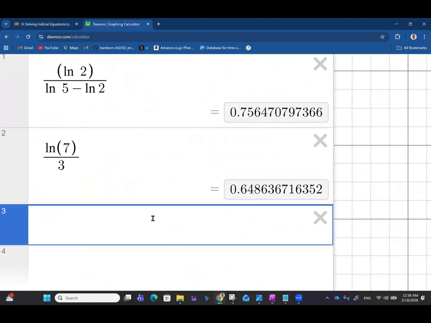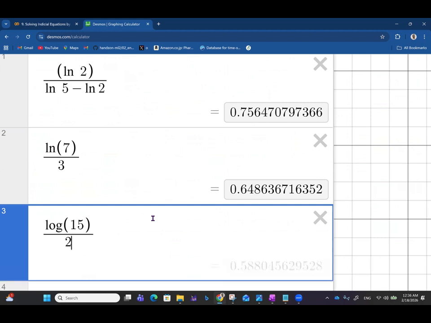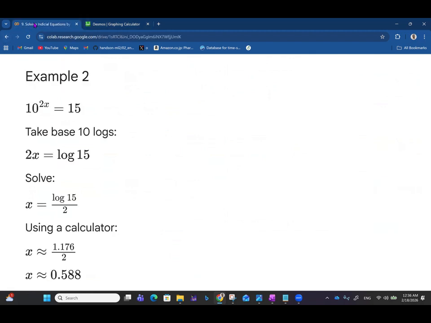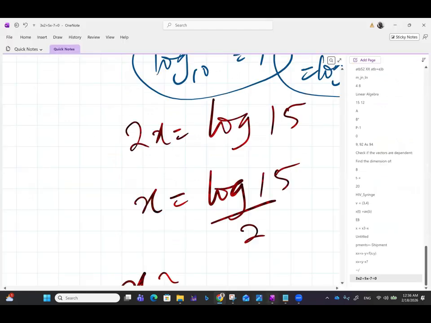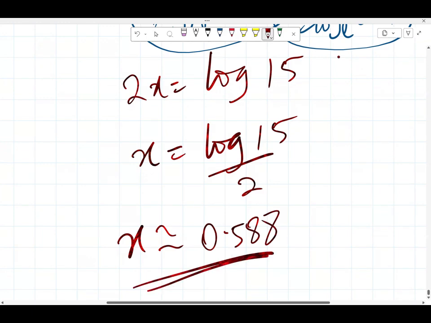So now I'm doing log 15 divided by 2. That's approximately 0.588. You don't want to mix up these logs because it's easy to mess them up, so you need to know the difference. Approximately 0.588 is what x is in this situation.